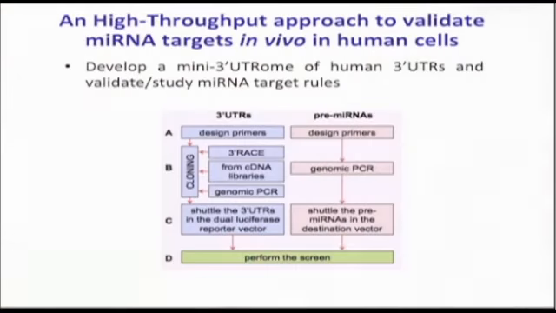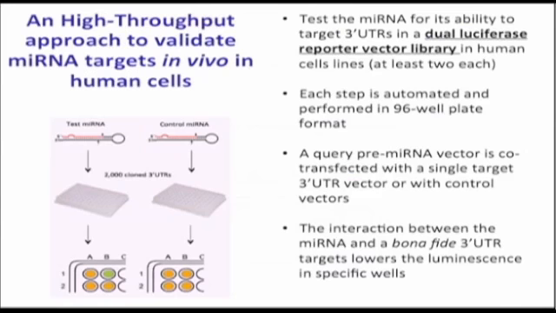The idea is that you look at the 3' UTR, you design primers, you clone the UTR, you prepare a vector, basically using a dual luciferase reporter assay. At the same time, you have to clone the test microRNA that you want to test. You design primers, you amplify out of the genome, and then you move it into the vector, and then you pair 1 to 1 and test luminescence.